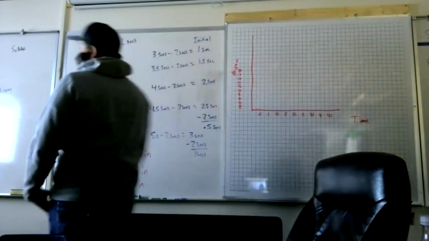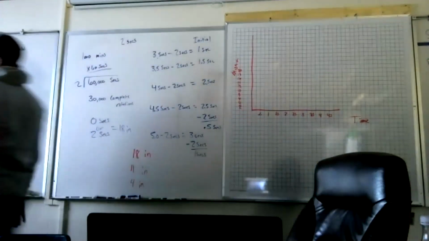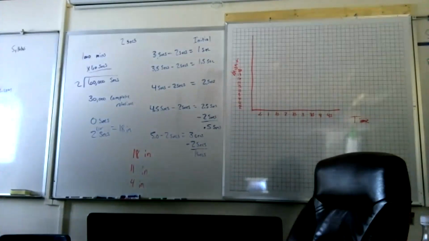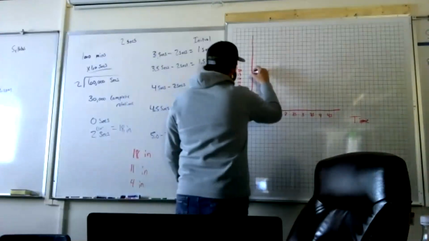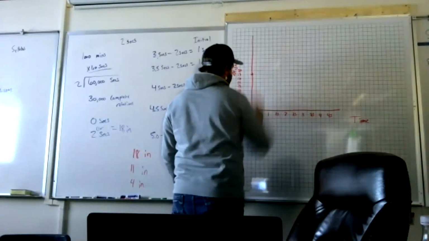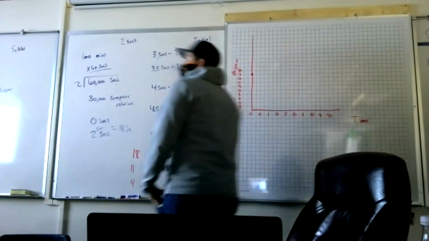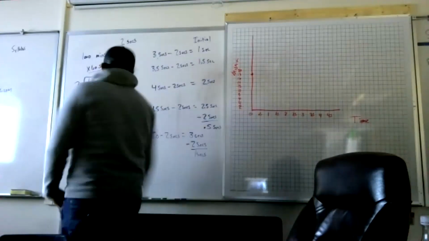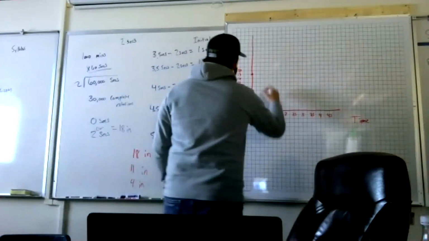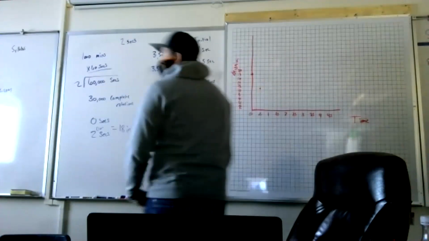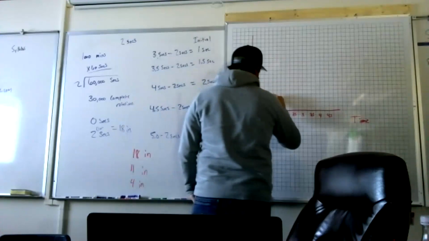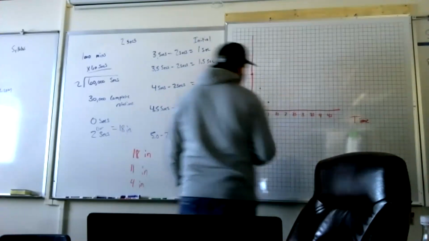Then I can use my table or my graph. At 0 seconds, what was the height of my pedal? 18 inches, right there. At half a second, it was 11 inches off the ground. It's going to fall right there. At 1 second, it was 4 inches off the ground.